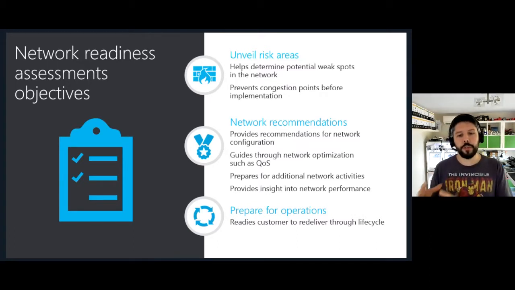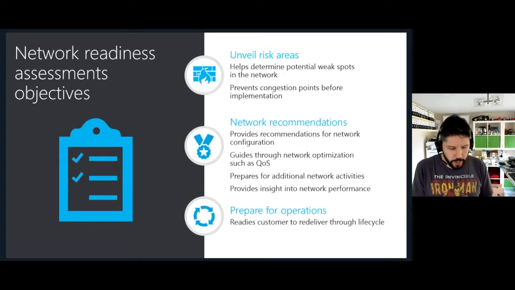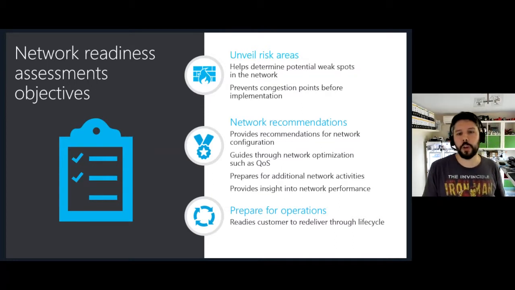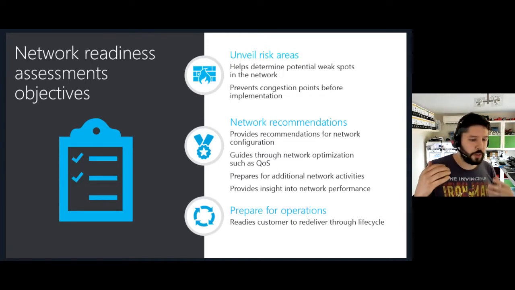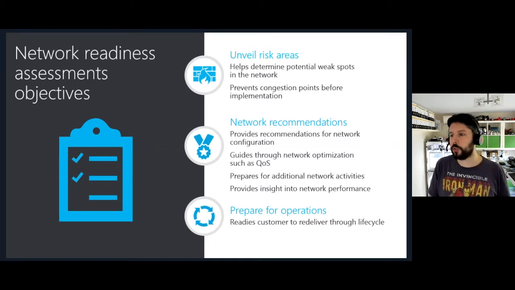The important thing in the end, and this ties back into unveiling risk areas, is that when you move into operate and into running a great real-time communication structure, you're already hands-on with any potential issues there might be.